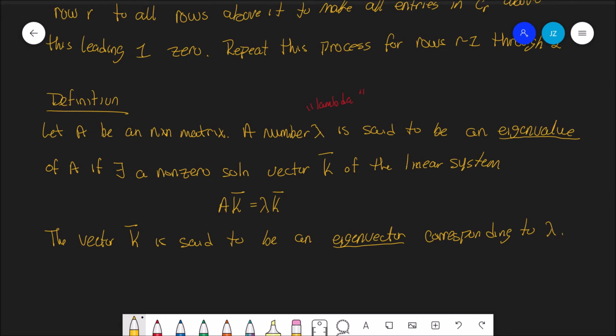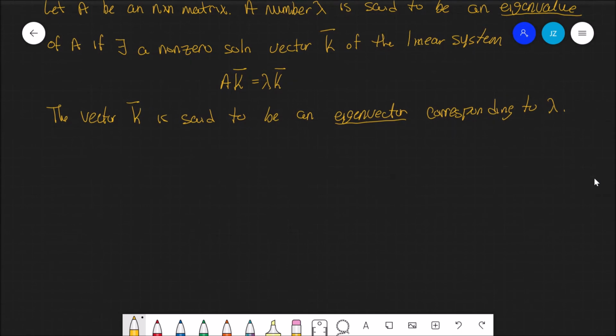Now we can write this linear system in the form of lambda I minus A times K is equal to 0.